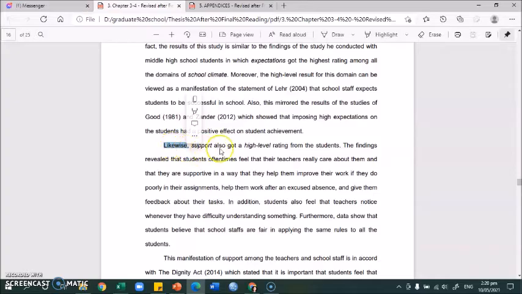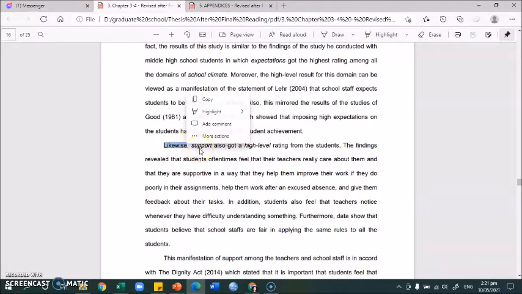Likewise ang ginamit kasi pareho naman sila ng expectation na high level din. Kaya likewise ang ginamit. Kapag magkaiba ang thought, you can use however. Or kung karagdagan, you can say moreover, furthermore, in addition, also. So, ganon. Those are connectors.